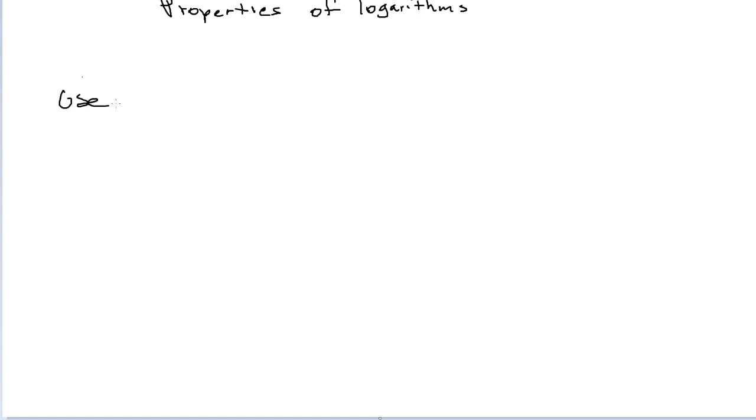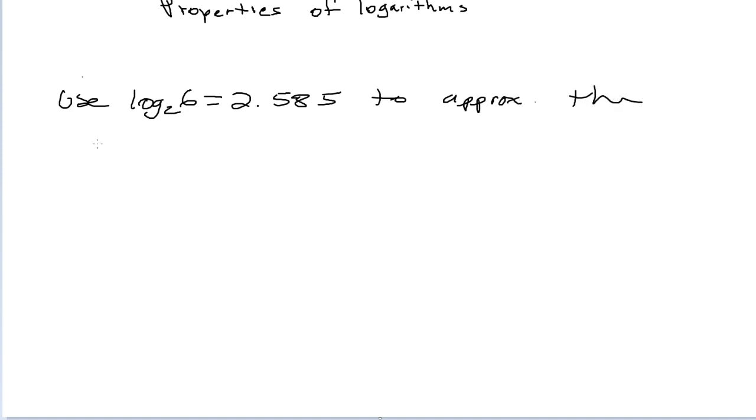Let's use log base 2 of 6 is equal to 2.585 to approximate the value of log base 2 of 1,296. So when it's written as use this value, that means you need to use that value in here.